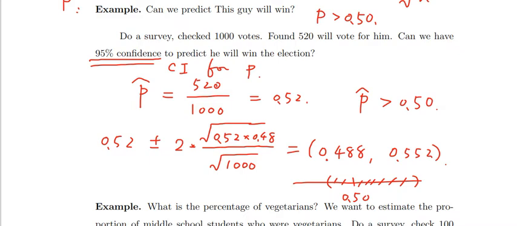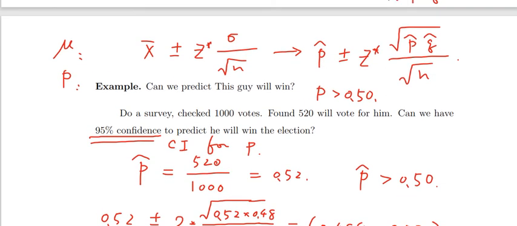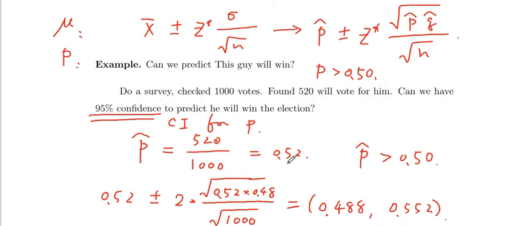Above 50 means this guy will win, and below 50 means he can still lose the election. So this evidence, 52, is larger than 50, but it is not strong enough. Based on this poll, we cannot predict this guy will win.